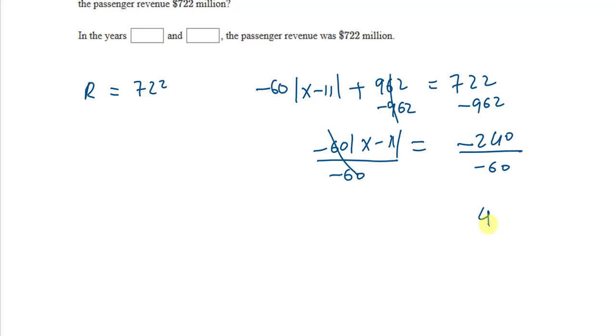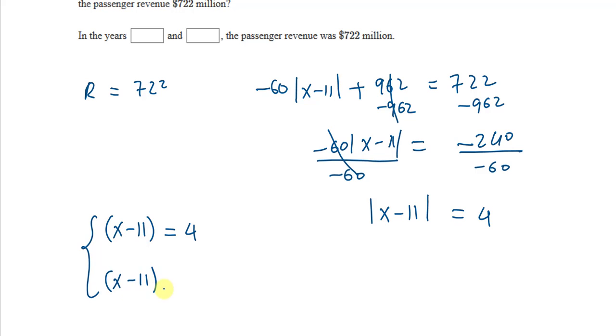Minus divided by minus becomes plus, so 4 equals the absolute value of x minus 11. Now the absolute value means there are two cases, one is the plus, one is the minus. The first case, when x minus 11 equals 4, and the second case when x minus 11 equals minus 4.